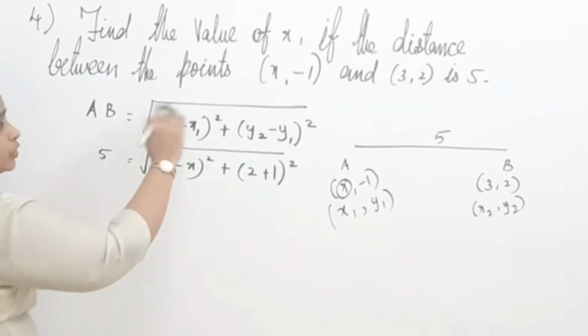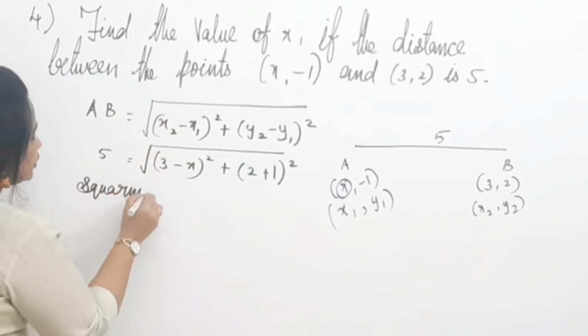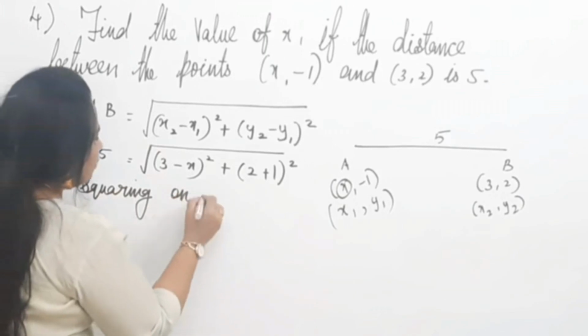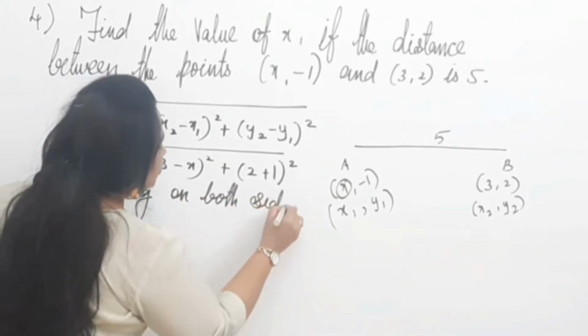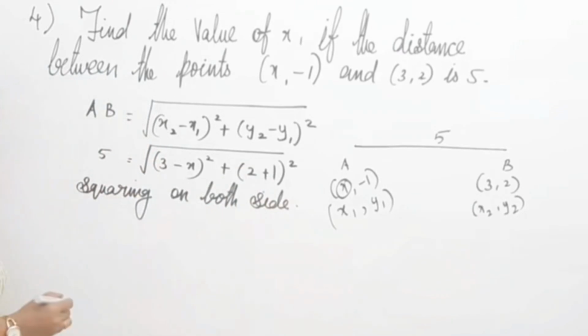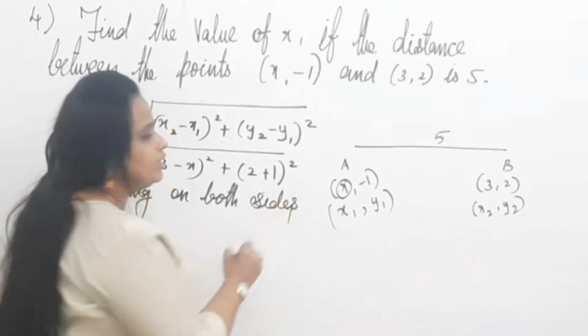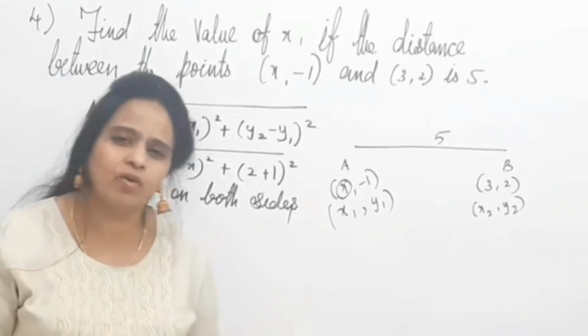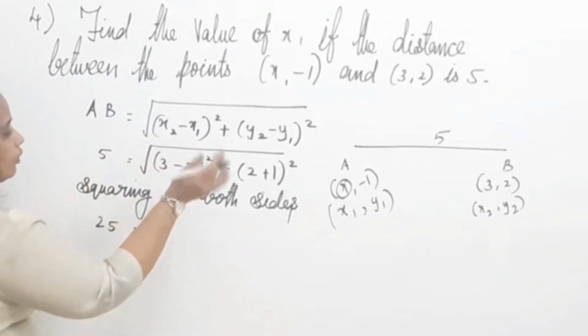Now I am going to square it on both the sides. Why? Because we do not keep the square root in coordinate geometry. Mostly we remove the square root just by squaring on both the sides. So 5 squared becomes 25, the square root will go.